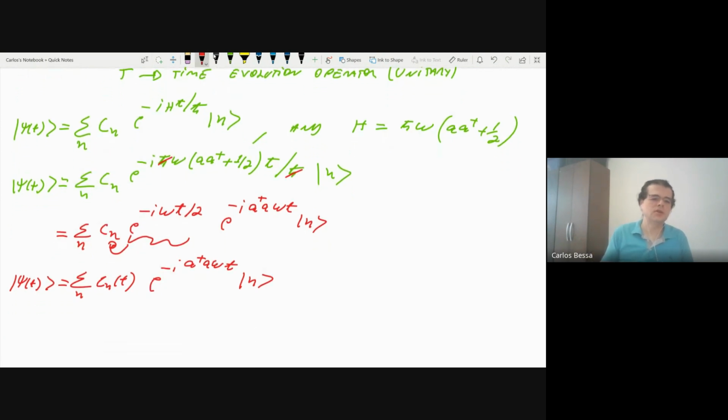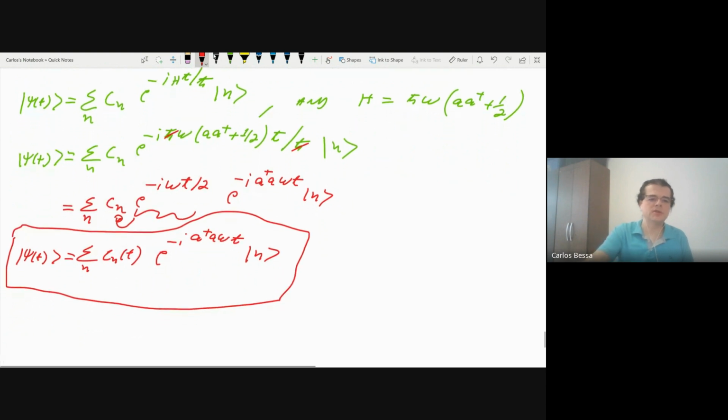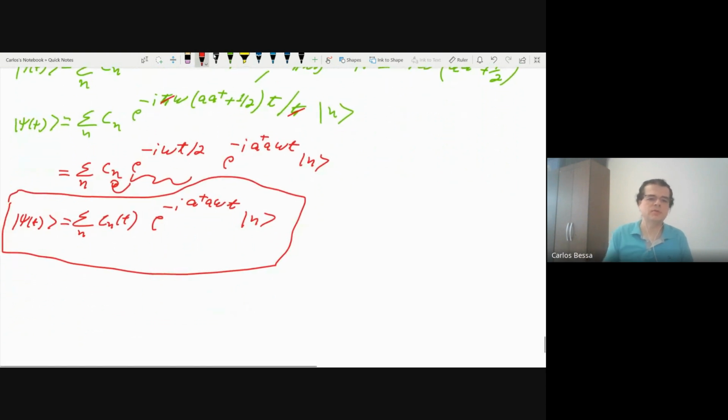Okay, this is my wave function, which evolves with time. But what is important for us here is just this part, right? This will always be a constant.